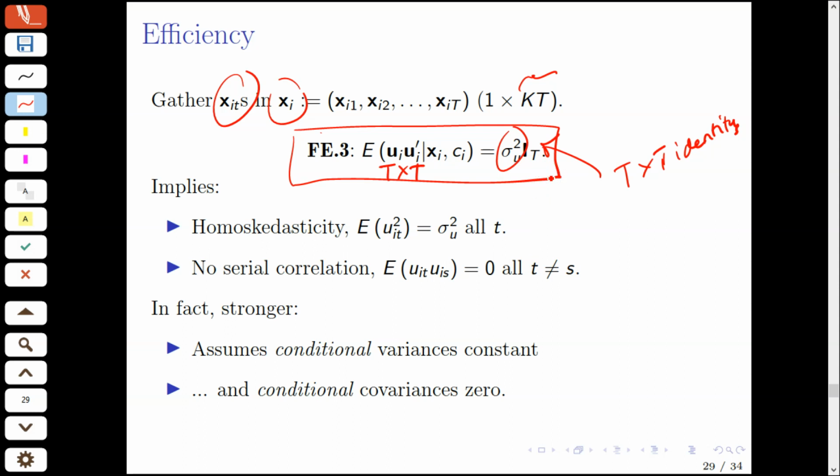But it is in fact a much more loaded assumption, in that we are assuming that conditioning on x_i as well as the unobservable c_i has no impact on the shape or form of this matrix. That is, that the conditional variances of the u_it are constant, and their conditional covariances are all 0.